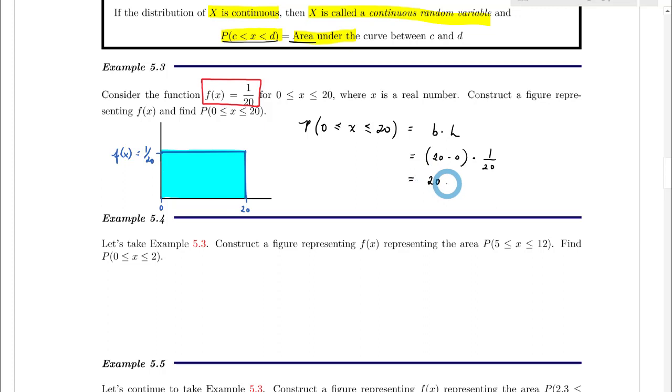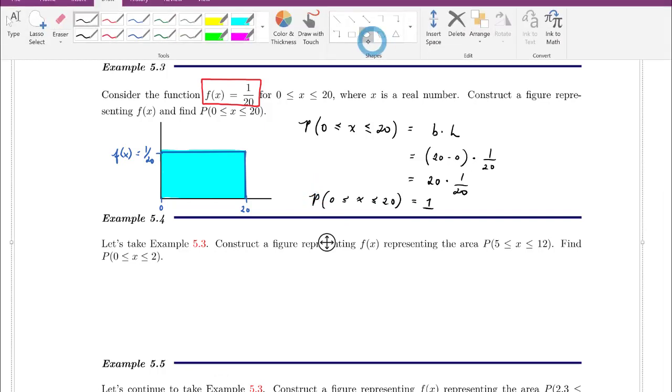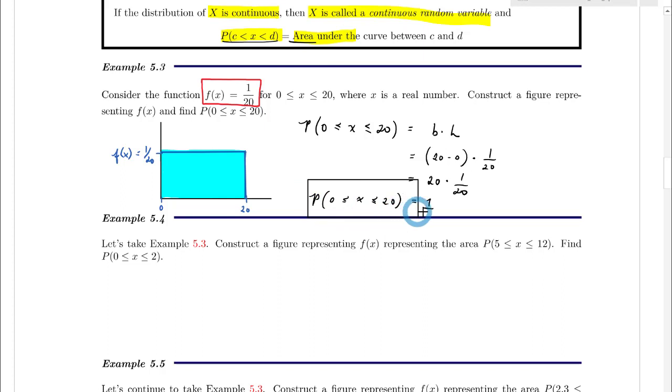So this becomes 20 times 1 over 20, which is equal to 1. So the probability of x being between 0 and 20 is equal to 1. And therefore it makes sense because notice that I shaded the entire rectangle. The whole rectangle is shaded. The probability is 100%, meaning the area is 1.